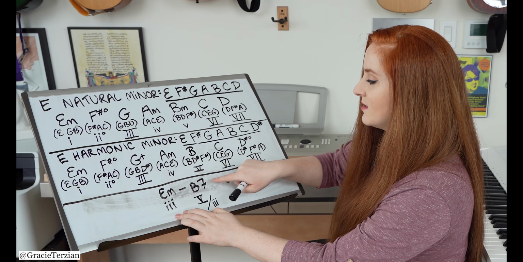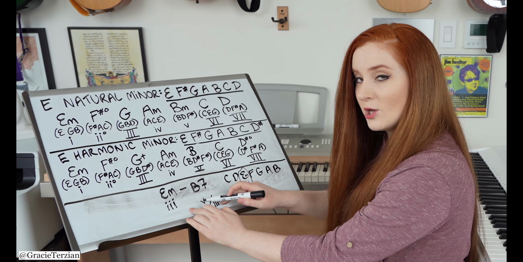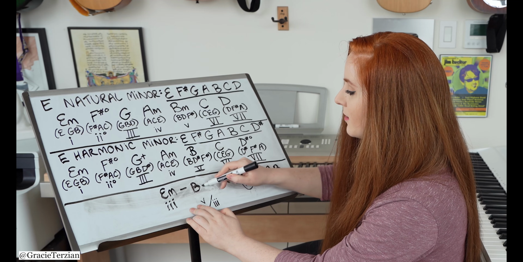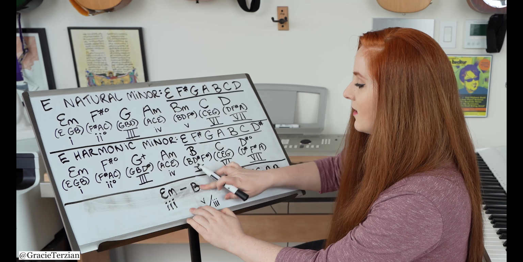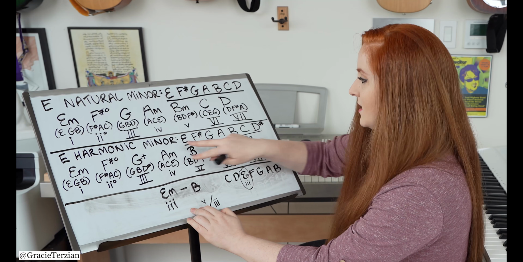And just to be really specific about what kind of B, if we wrote this as a lowercase v, then this would be B minor, okay? But we want to indicate that we're not going to use the E natural minor scale, we're going to use the E harmonic minor scale.